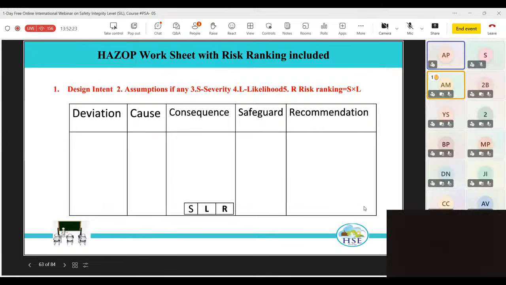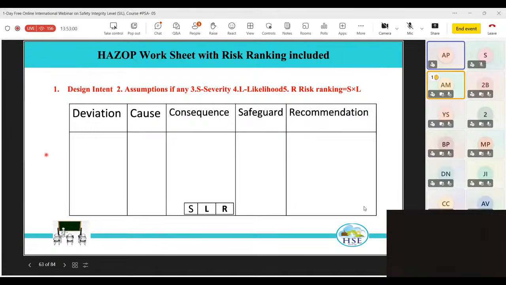Whatever severity or likelihood is higher than whatever is acceptable to you, if the team decides that this risk is higher than acceptable, then the team will recommend an additional safeguard. That kind of discussion will be captured here in the recommendation. This is typically the worksheet of a team exercise of HAZOP.